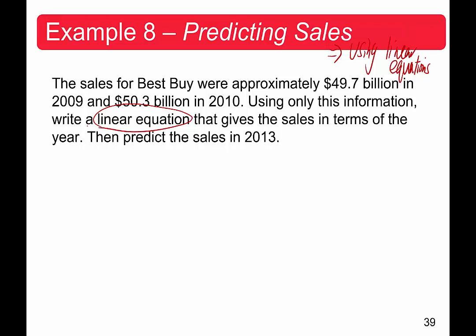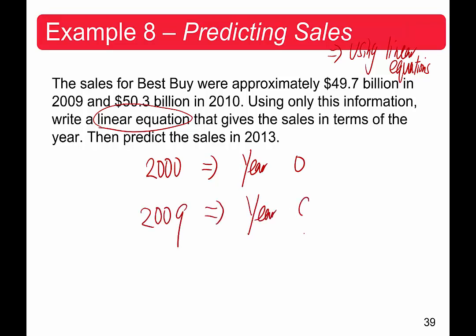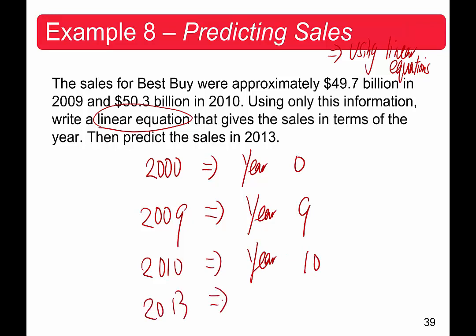So first of all, let's assume 2000 is year 0. Then 2009 is year 9. The reason why I picked 2000 is for convenience. And then 2010 will be year 10, and 2013 is year 13.